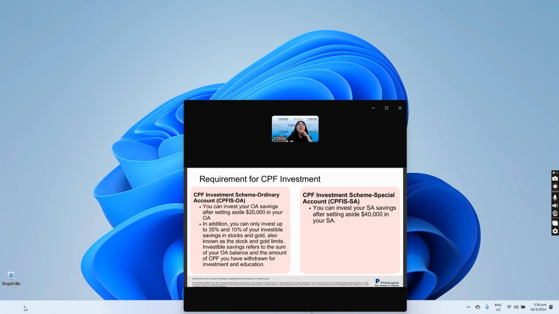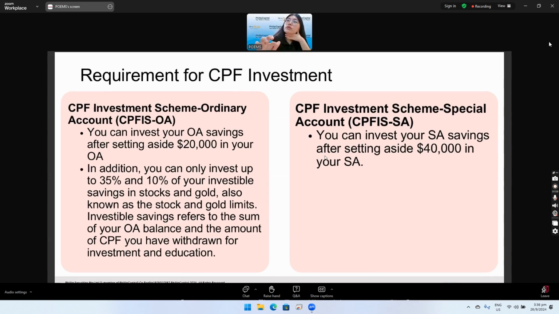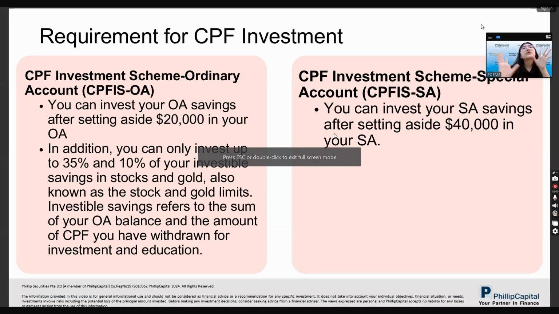If I close my CPF OA account and I have invested in unit trust using the share class for CPF, what happens next? If your CPF OA account, which means the bank one, DBS or OCBC or UOB, is closed, for the unit trust you need to check with the agent bank. Otherwise it will be in your CPF statement, but I am not too sure. Mostly, those statements will come from your CPF OA agent bank.